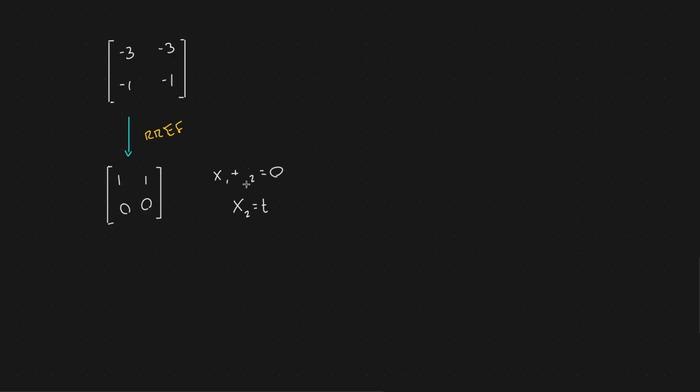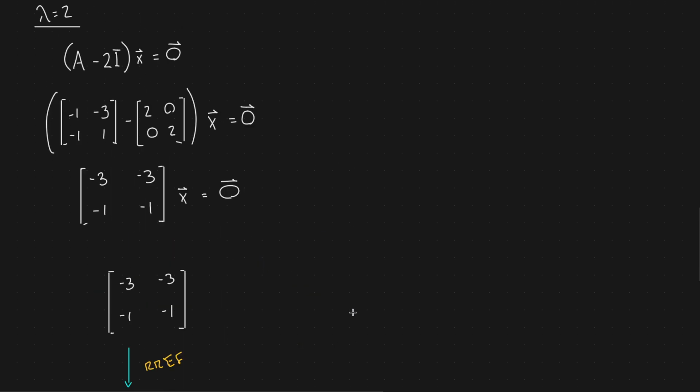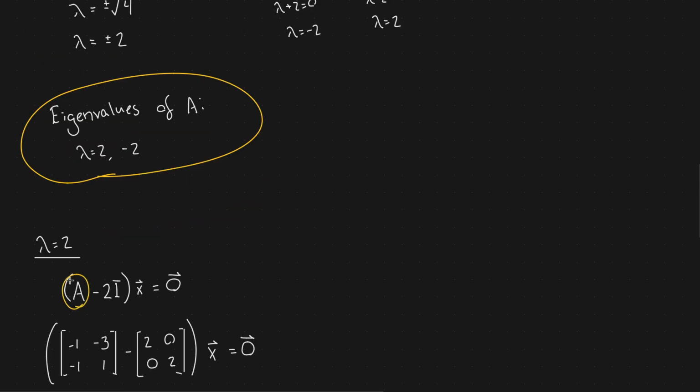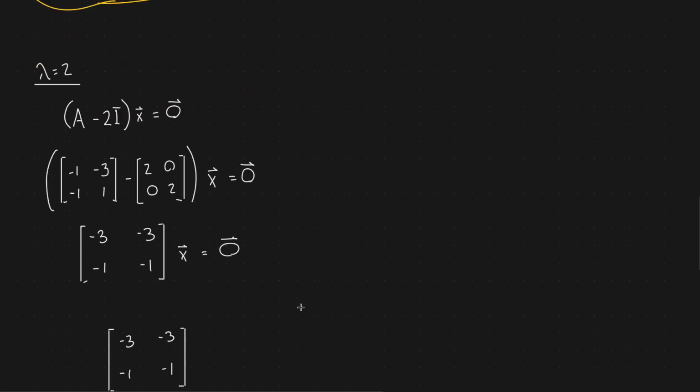Okay, swap out x2 for the free variable t, and I see that x1 is going to be negative t. And so my general solution, x1, x2, is going to be t times negative 1, 1. All right. Every vector of this form is an eigenvector of matrix A with associated eigenvalue lambda equals 2.